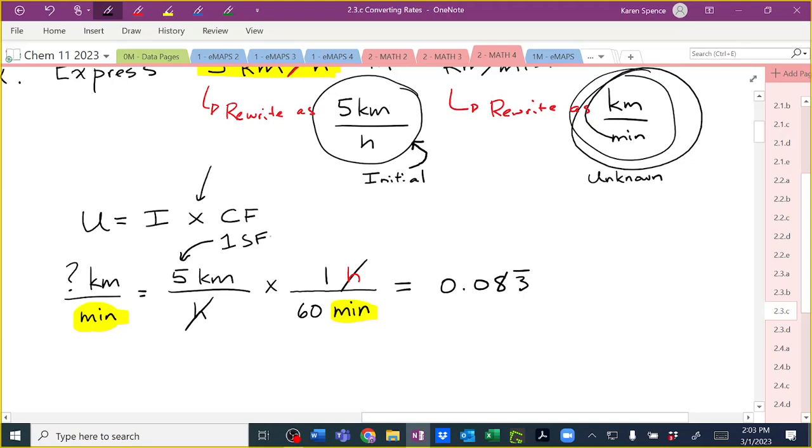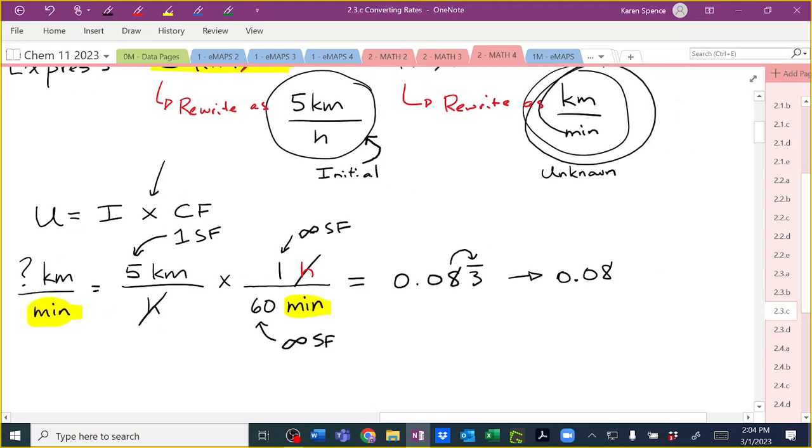How about our 1 hour and 60 minutes? Those are exact because those are defined. So this has infinite sig figs and infinite sig figs. And so now we need to round that to 1 sig fig. So we look to the right and we say that's going to be 0.08.